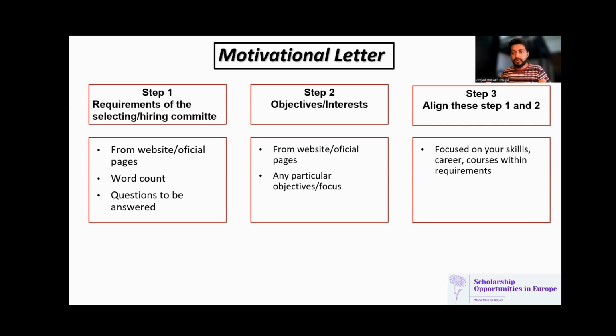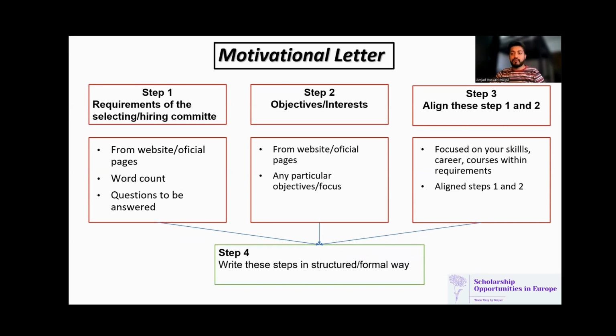You are done, you have all these things. Now you will align these steps and write the motivation letter in a structured and formal way. That is going to be your step number 4. So in step number 4, you will write your motivation in a structured and formal way. I'm going to explain how to do it.